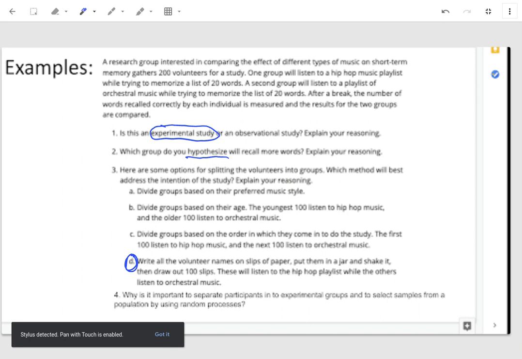And the more random selection process you have, the less likely your results are going to be biased. So, to answer the question here, which method will best address the intention of the study? The answer is D. The reasoning is because it is the most random process of all of the four. It's the most random and therefore will lead to less biased results.